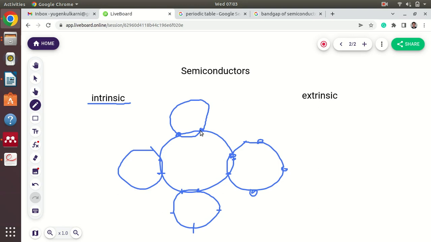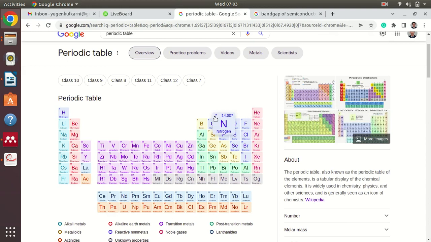On the other side, there are extrinsic semiconductors, which we create by doping one atom or molecule inside a bunch of other atoms. You can see here, carbon group is the 14th group, and boron, aluminum, gallium are the 13th group.